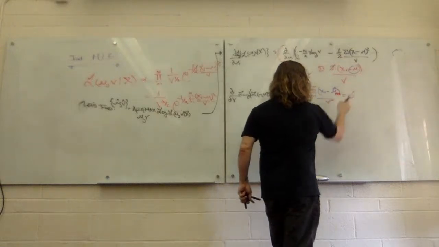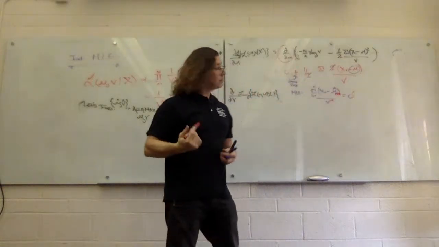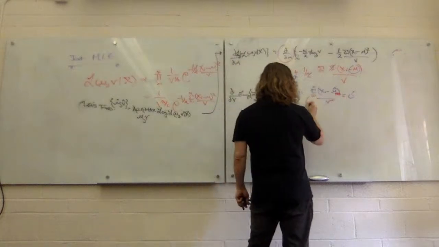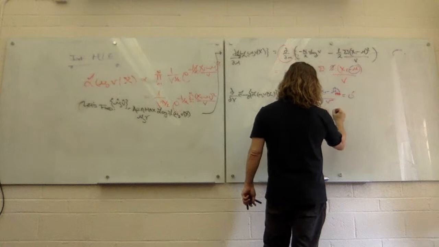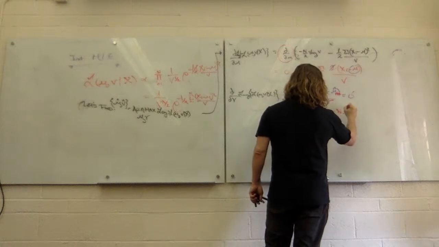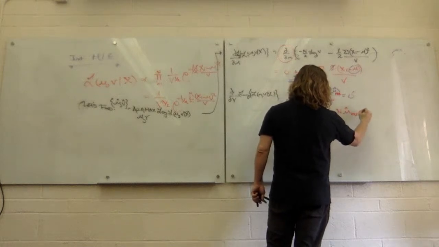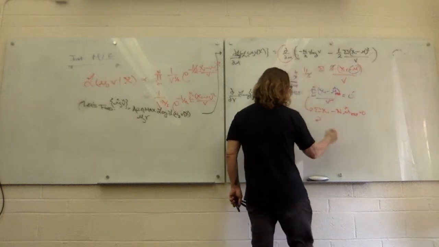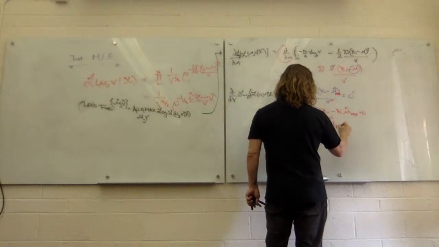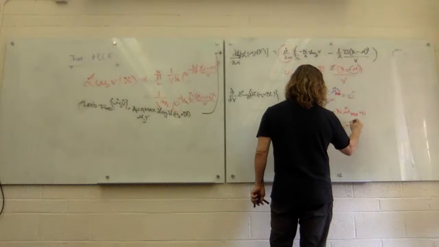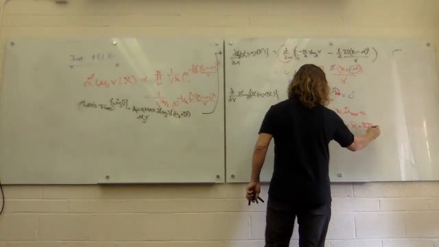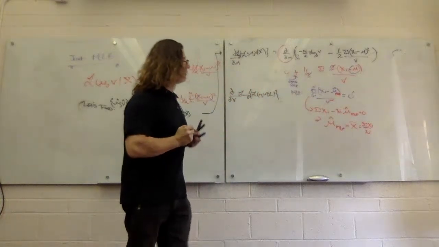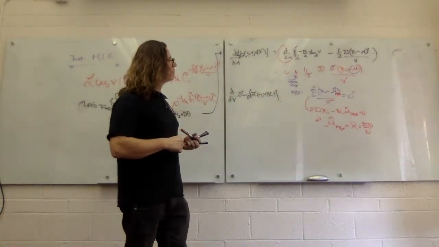You'll notice the v cancels on the 0 side, so that doesn't become important. And so this is just the sum of the xi's minus n mu hat MLE is equal to 0. So this says mu hat MLE is equal to x bar, the sum of the xi's over n. So very convenient. Everything just worked out real nicely right there.